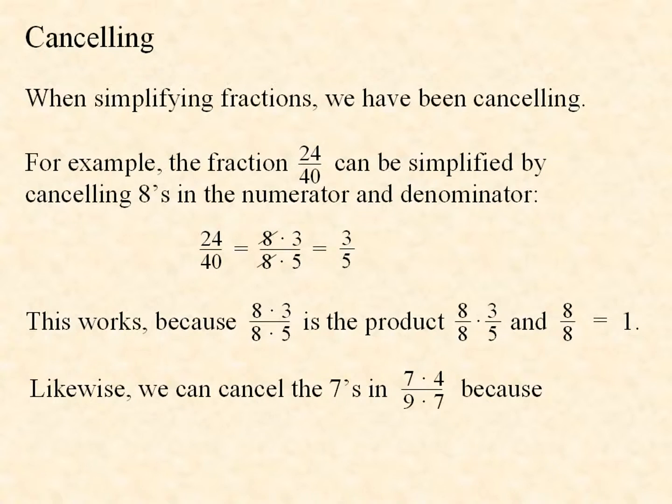Likewise, we can cancel the 7's in 7 times 4 over 9 times 7 because the denominator can be rewritten as 7 times 9. And then we have 7/7 times 4/9, and 7/7 is 1, and 1 times 4/9 is just 4/9.